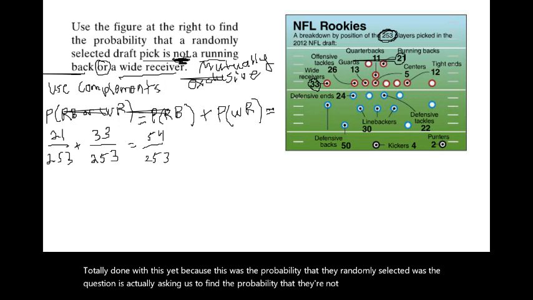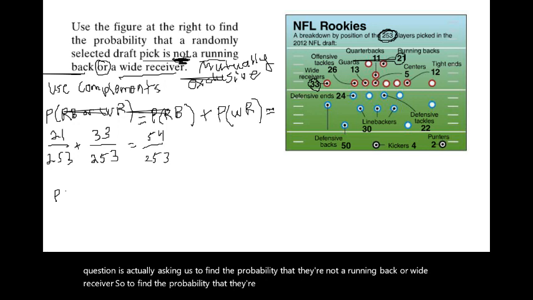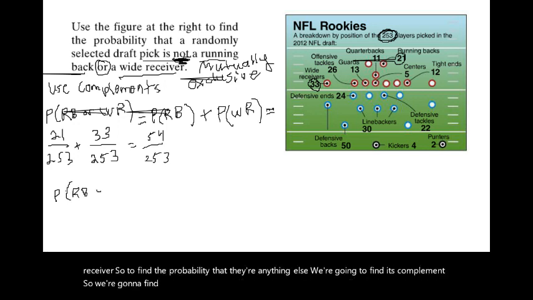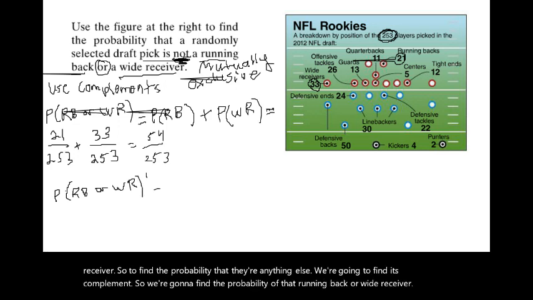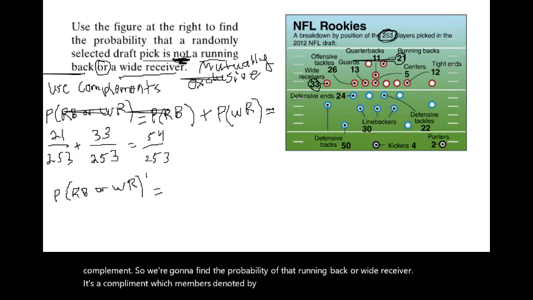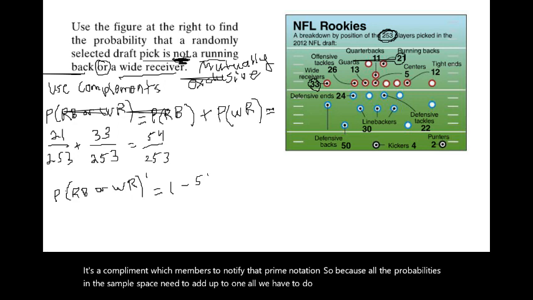So to find the probability that they are anything else, we're going to find its complement. We're going to find the probability of that running back or wide receiver, its complement, which remember is denoted by that prime notation. Because all of the probabilities in a sample space need to add up to 1, all we have to do is 1 minus 54 out of 253.